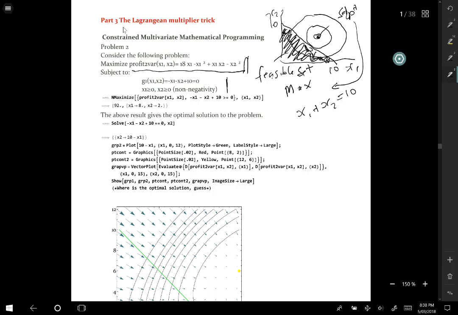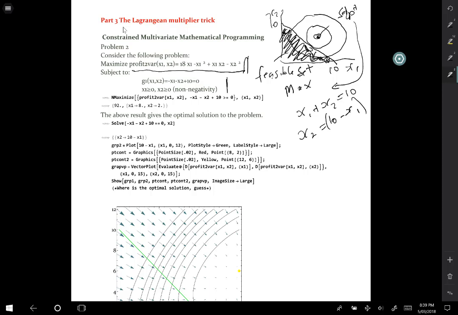So the big question is, how do we modify these problems where we're just looking at the objective function to take account of the constraints? Well, one straightforward way of doing this is to say x2 is equal to 10 minus x1, and then you can substitute that back into the objective function, and you've got rid of the constraints, and you've just got a problem in one variable.